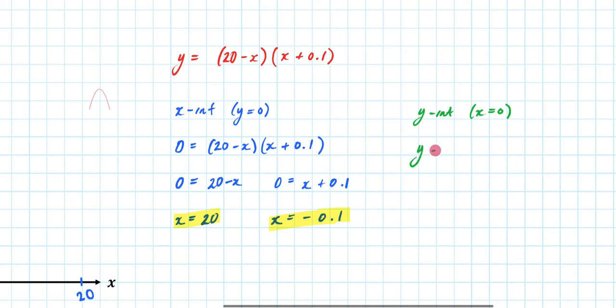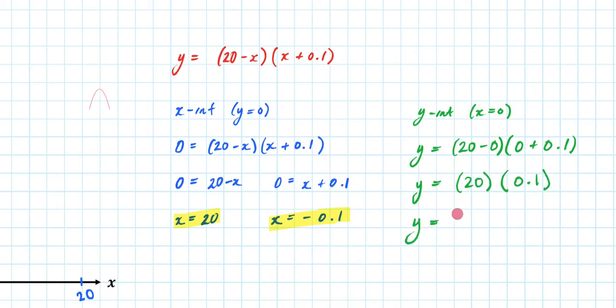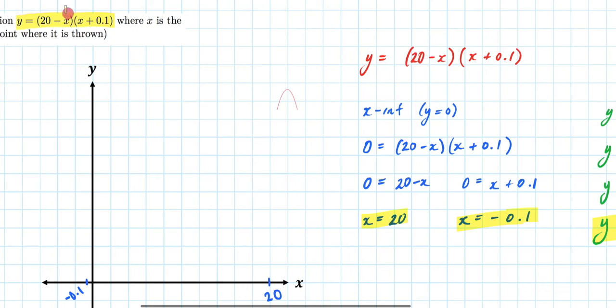So I'm going to have y equals (20 minus 0)(0 plus 0.1), which just means I'm going to be doing 20 times 0.1, which means I'm going to be left with 2. So that is going to be my y-intercept. So I come over to my graph, y equals 2 is there.